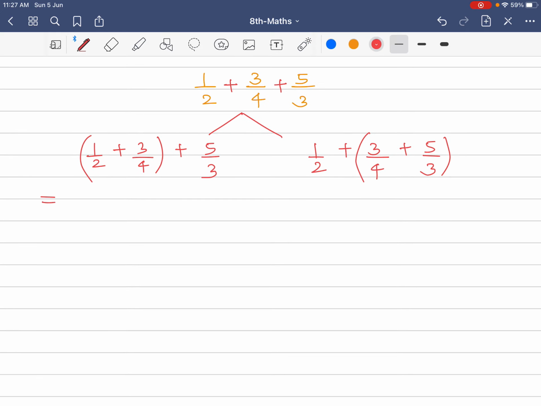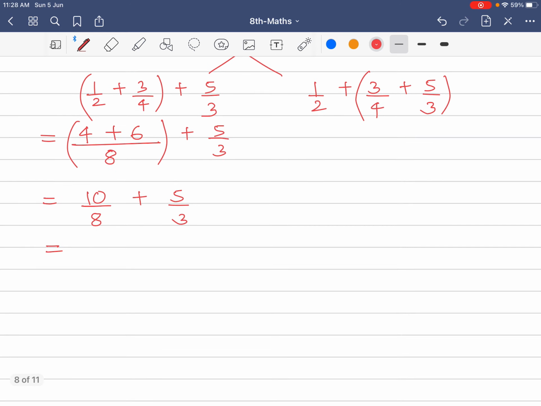So first I'm going to solve 1 by 2 plus 3 by 4. So that is 1 into 4, 4, plus 2 into 3 is 6, the whole divided by 2 into 4 is 8. So this remains as bracket, plus 5 by 3. That is equal to 4 plus 6 is 10, the whole divided by 8, and plus 5 by 3. So we continue with our addition.